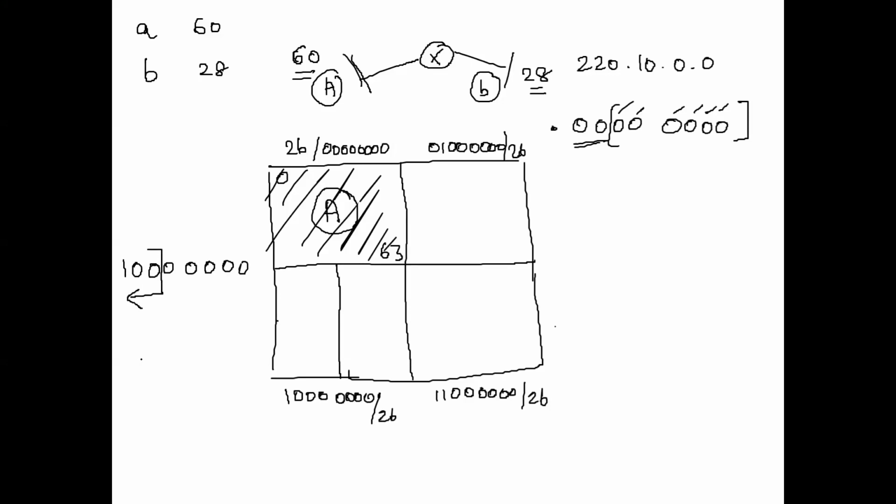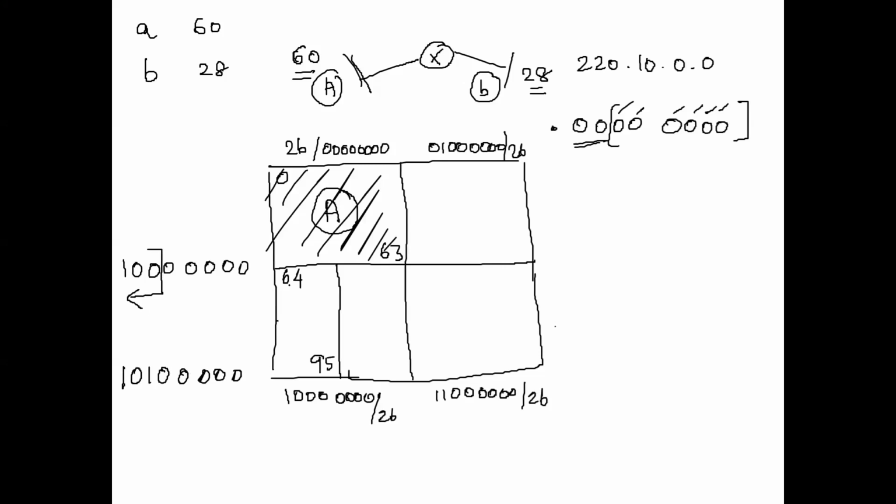So what I'm supposed to do is borrow one bit. When I borrow one bit, there are two portions: one is 1 0 0 0 0 0 0 0 and the other portion is 1 0 1 0 0 0 0 0. So for this portion, the start is 64 and the end is 95.